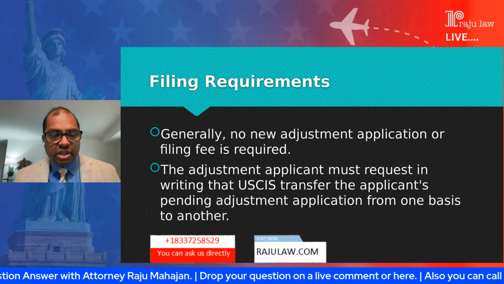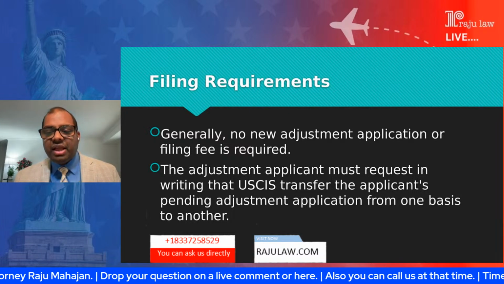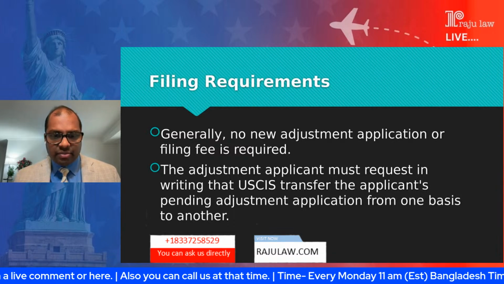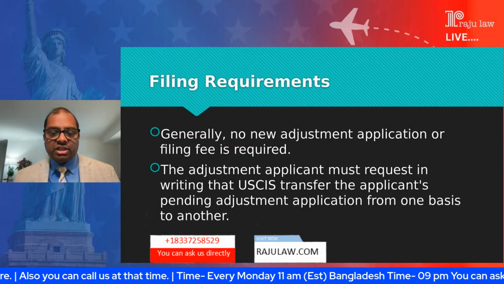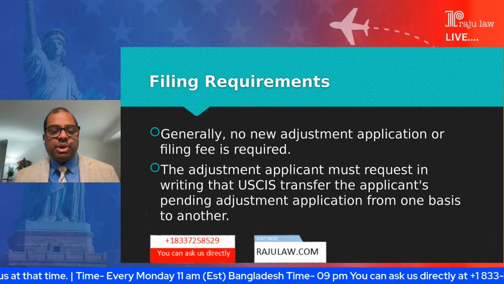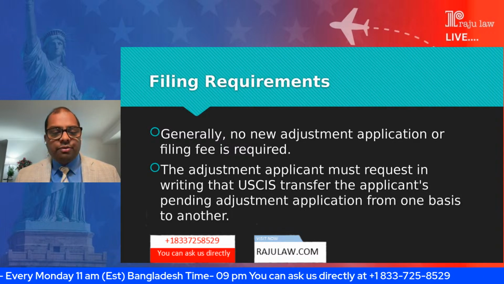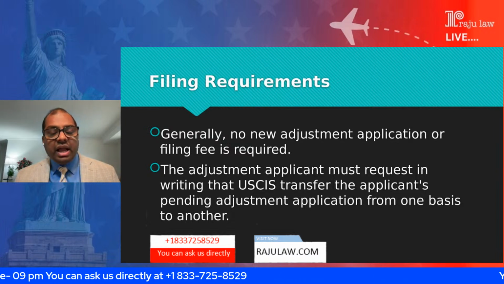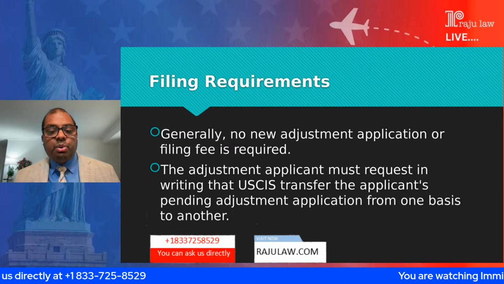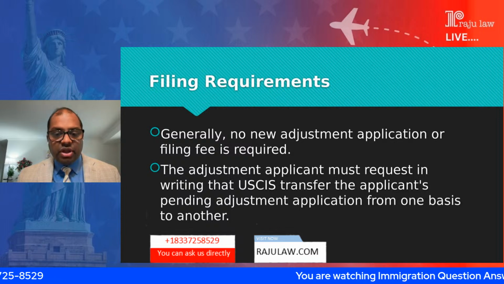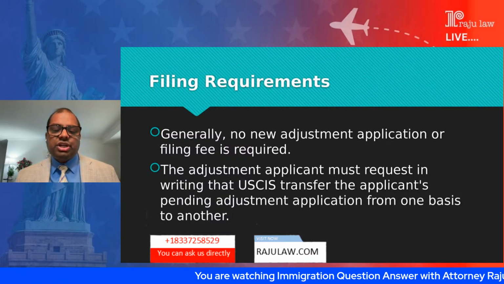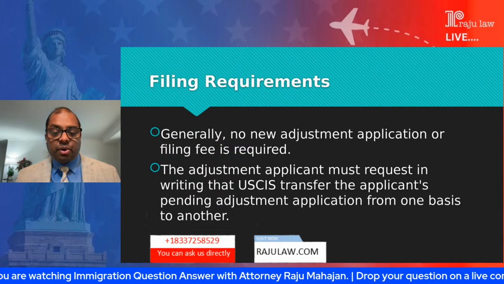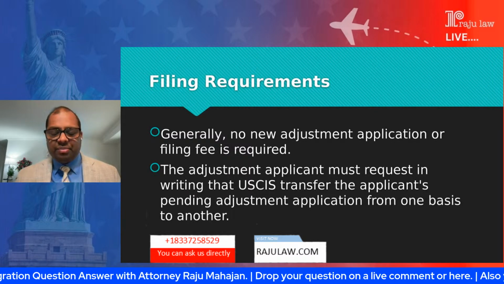So you will write it down, sign it, and give it to the officer, and most likely the officer will postpone your interview immediately because you're going to port a previously filed petition's priority date. The officer will most likely postpone the interview, schedule another interview, examine the previous file and port the previous priority date. So that can also be possible, but in general, the adjustment of status application must be requested in written format to USCIS before your interview or anything.